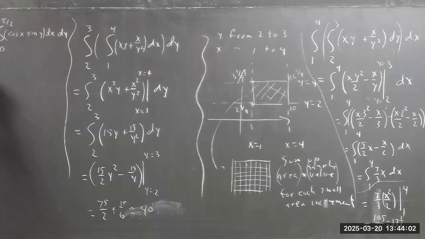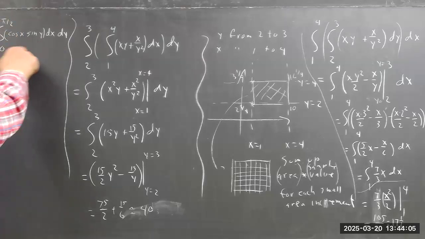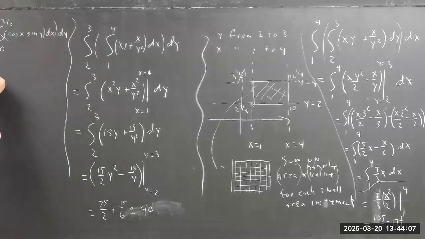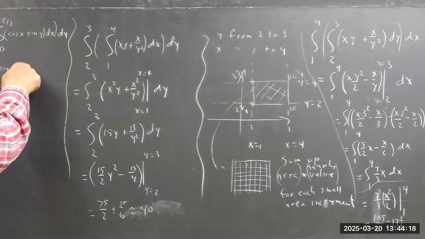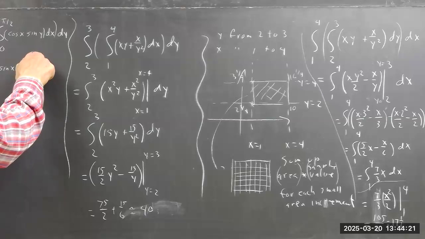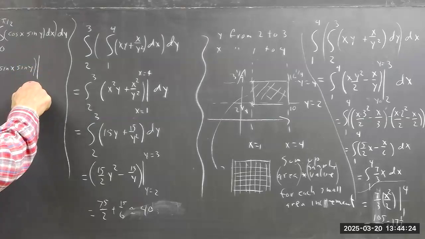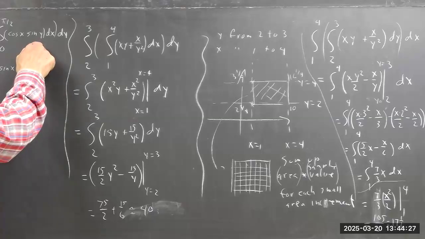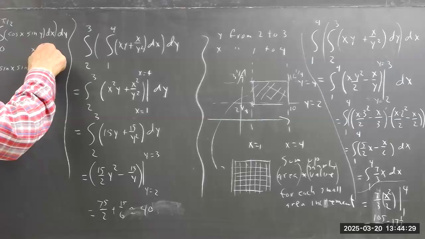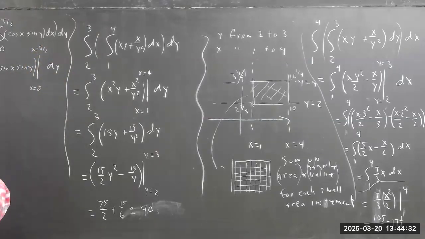If I integrate this, I integrate sine x sine y evaluated from x equals 0 to x equals pi over 2, and then integrate that with respect to y.